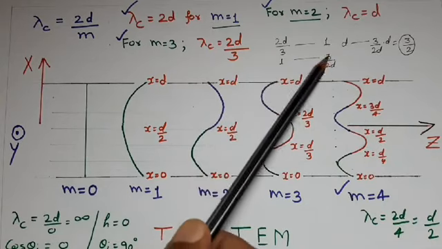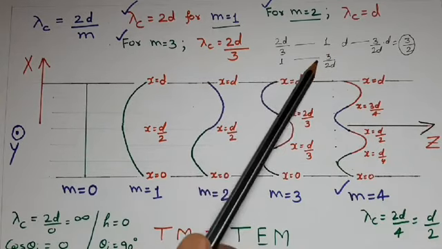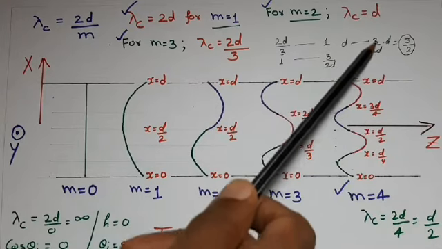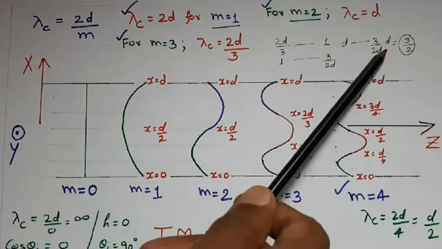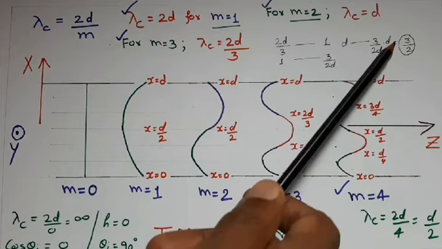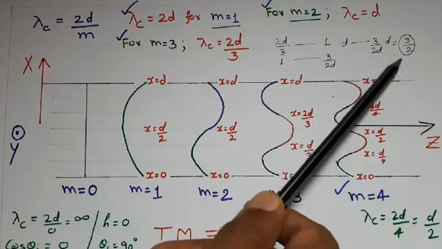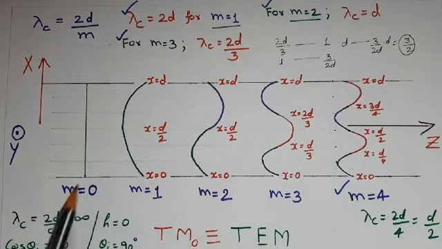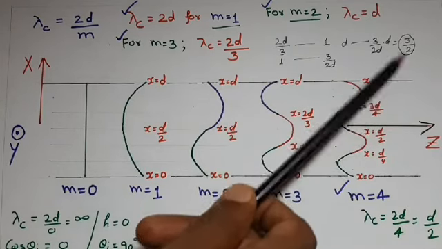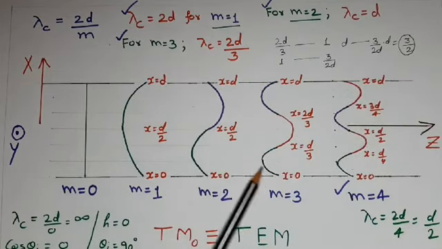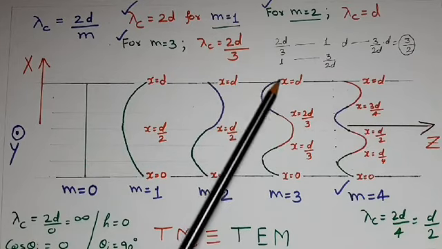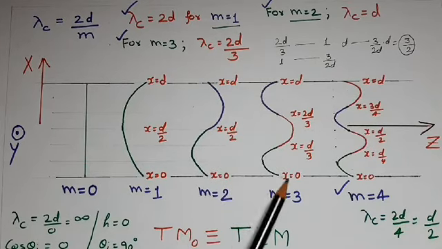In unit distance, 3 upon 2d wavelength would be available, and in d distance, 3 upon 2d into d wavelength would be available. d and d cancel out, so 3 by 2 wavelength would be available in this separation. 3 by 2 wavelength means 1.5 wavelength. So one wavelength is complete and the second is half a wavelength. So this kind of field variation would be present for m equal to 3.